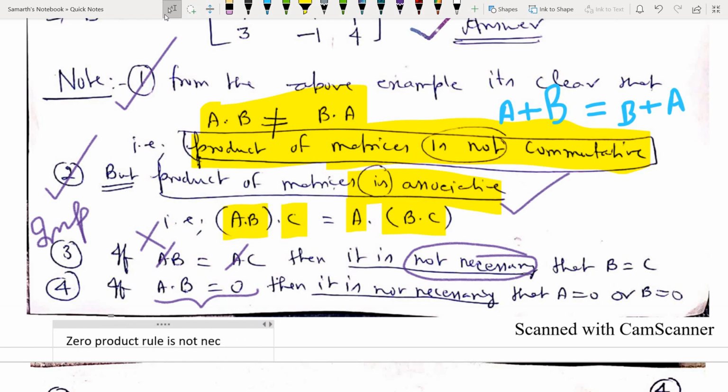We can't apply the zero product rule here; if the product of two matrices is a null matrix, the zero product rule is not applicable.